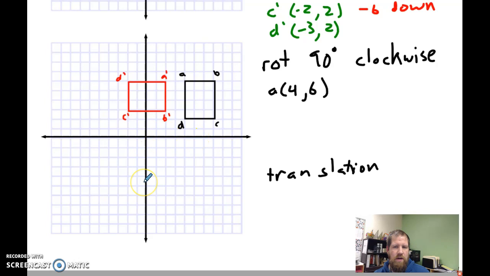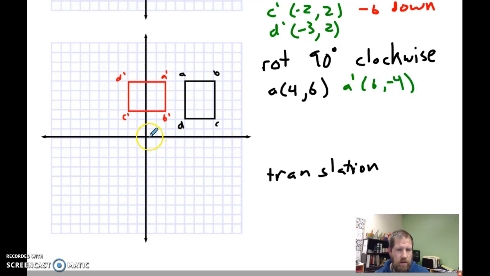My Y value is going to be negative. All right? So in that case, I'm going to want to swap my values and make my Y value negative. Okay? So A to A prime should be at 6, negative 4.